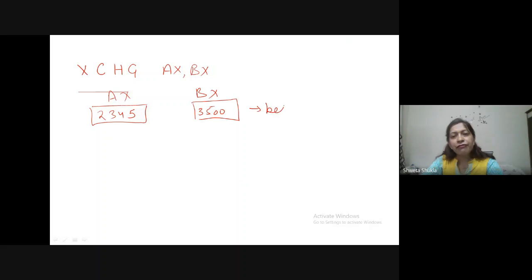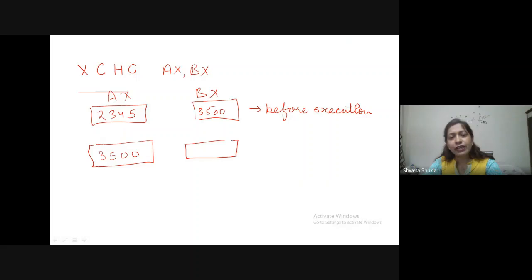This is before the execution of the instruction. After execution, AX register will have the value 3500, and BX register will have the value 2345. So this will be the condition after execution. Remember this.